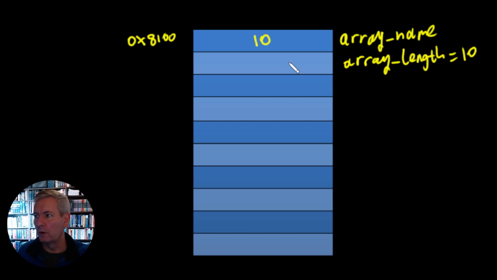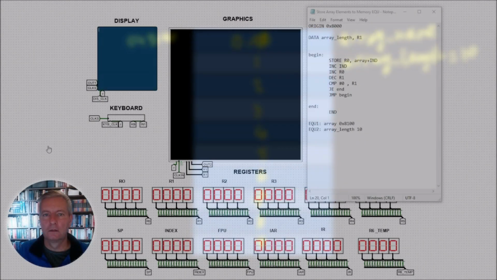In this example, we're going to generate an array containing the elements 0, 1, 2, 3, 4, 5, 6, 8 and 9. These are going to be in the memory location that starts off at 0x8100, and we're going to have an array name and array length. So let's go ahead and do that now.